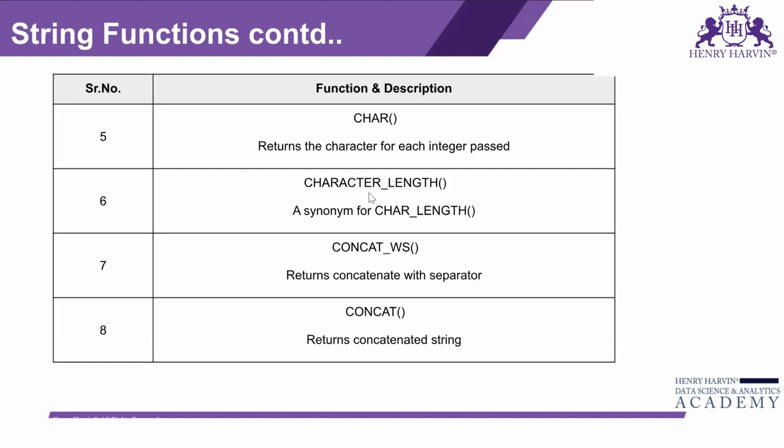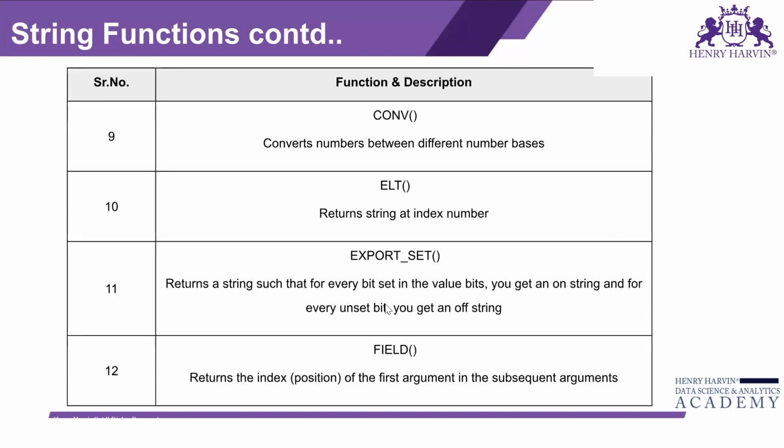We have got concat, which we had looked at, and concat with separator, which returns the concatenation with the separator. Conv, which converts numbers between different number bases. You can have number bases like decimal, hex, bits, and so on.